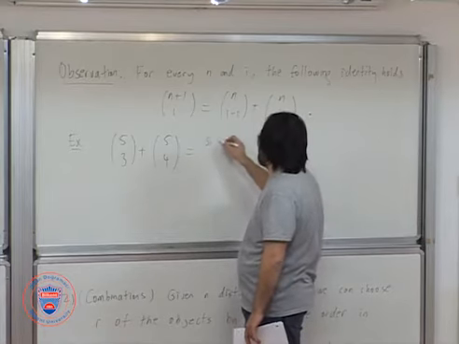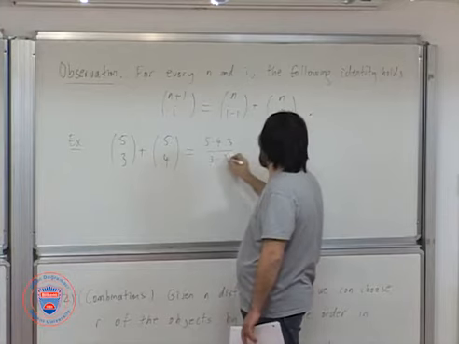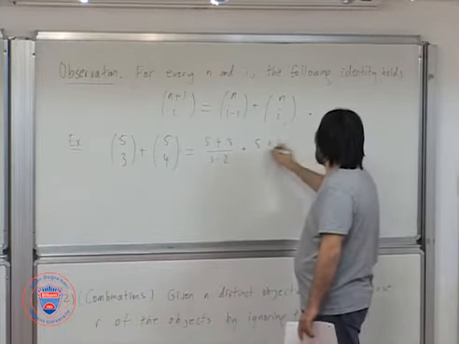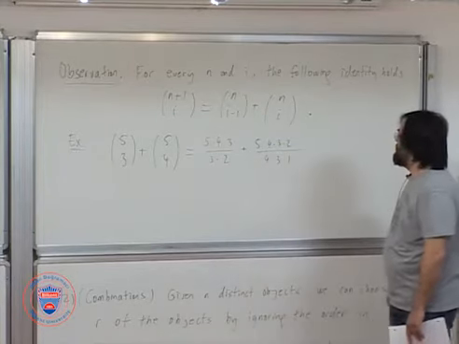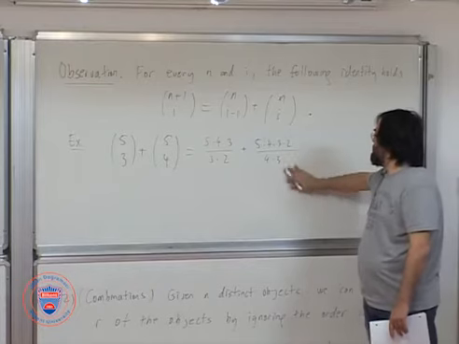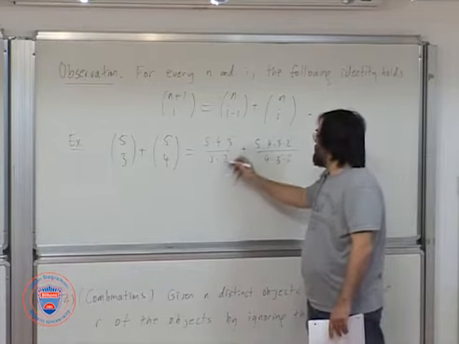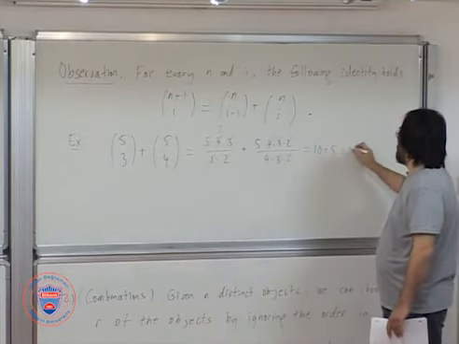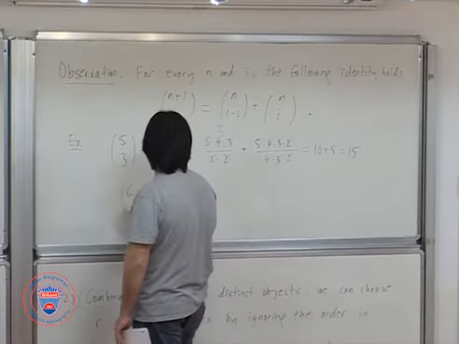You can write 5 choose 3 like this, 5 choose 4 like this, and you can cancel out certain things. You get 10 plus 5, which is 15. And this says that it's the same as 6 choose 4.